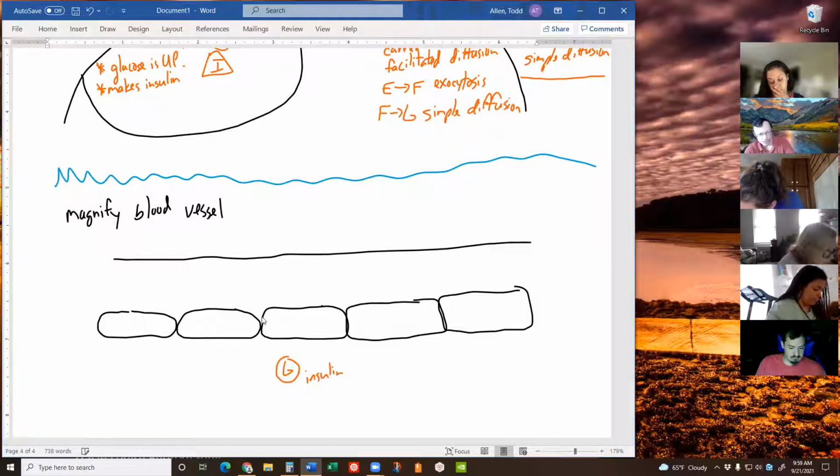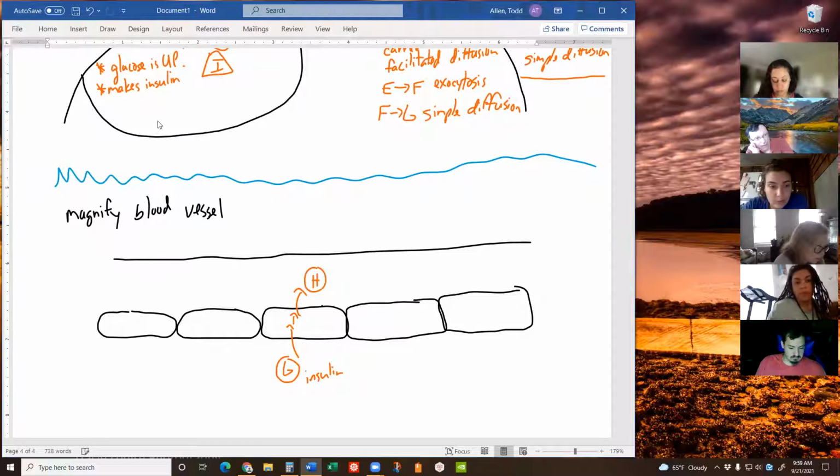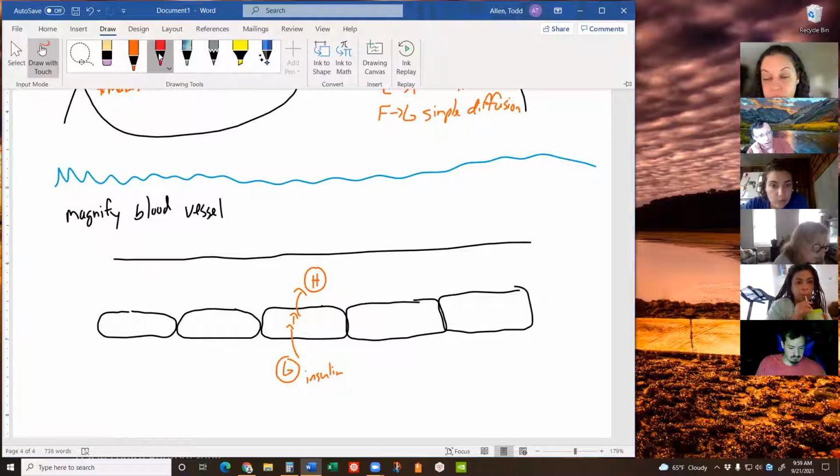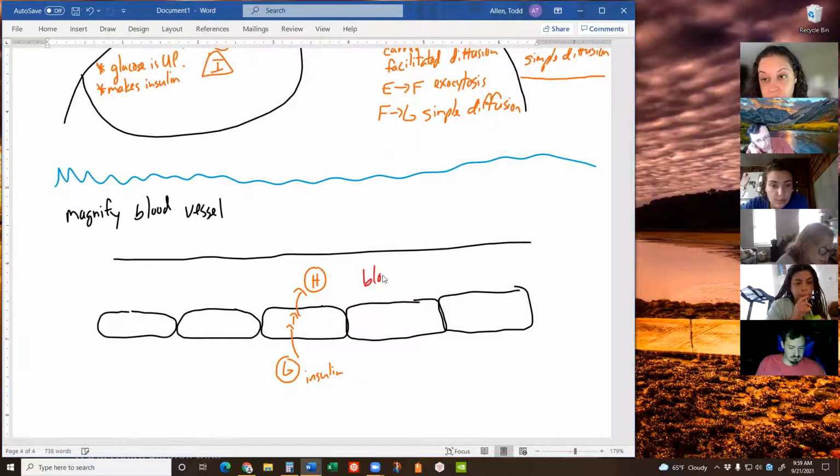And the question is, how do I get insulin from location G into the blood vessel cell, through the blood vessel cell, and out of the blood vessel cell so that insulin is now sitting in the bloodstream? How am I going to do that? And hopefully the language that I'm using tells you what the answer really is. So how do I take insulin from G to H?